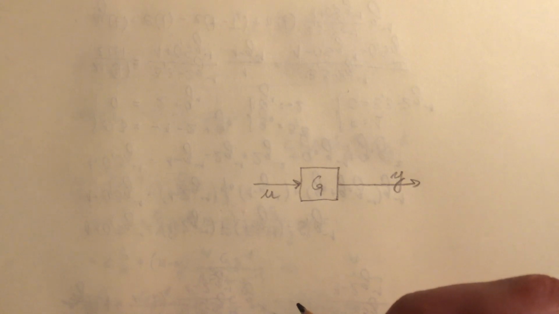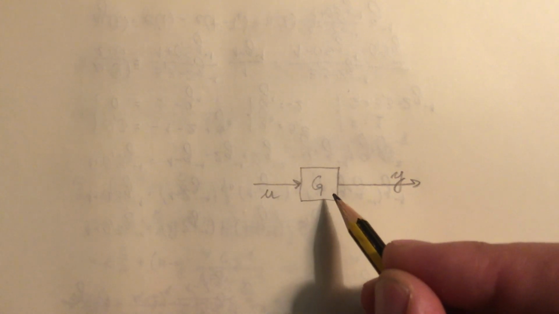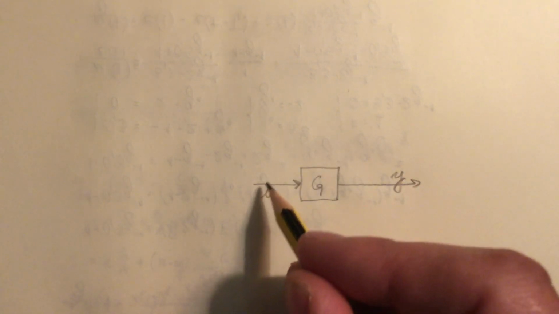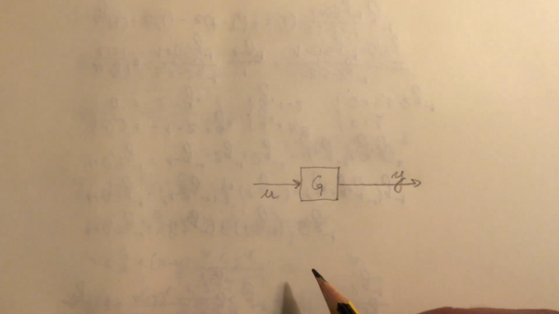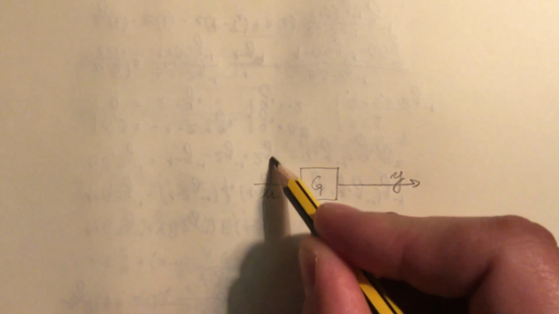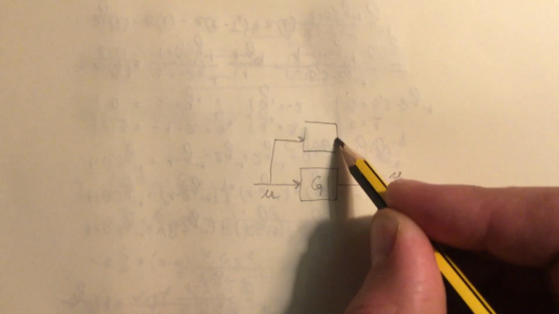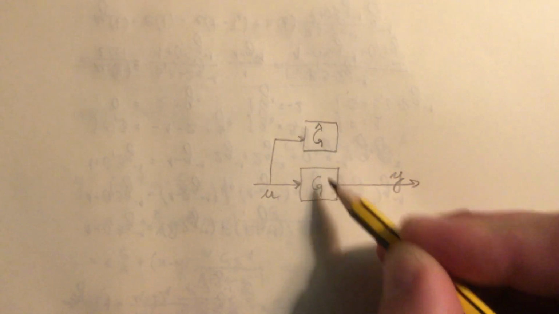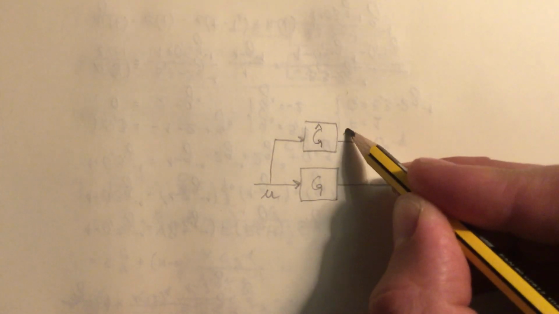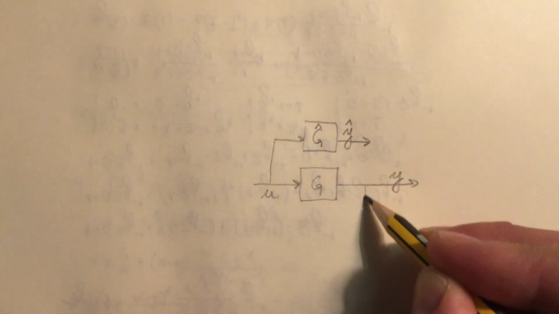Let us now see what is adaptive control. In adaptive control, we identify a model for the plant we are controlling at the same time that we control it. We have seen in the video series about system identification that it is possible to have a model for this plant and obtain an estimate of what this output should be.